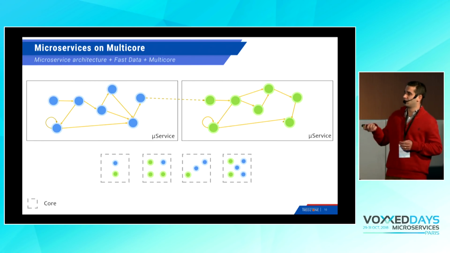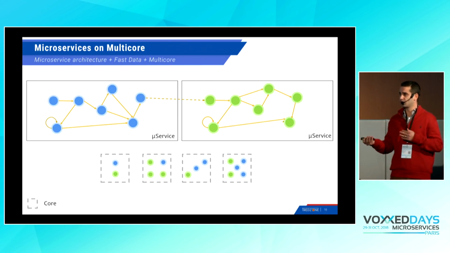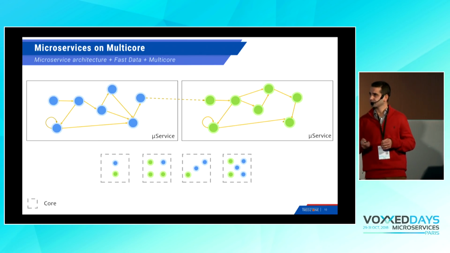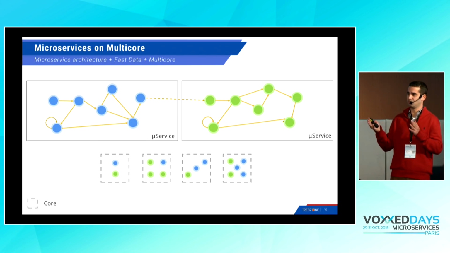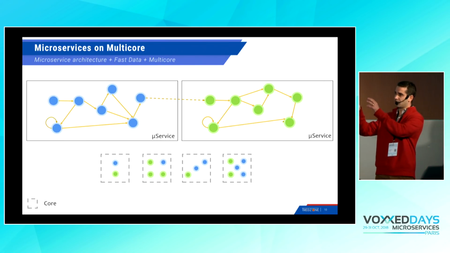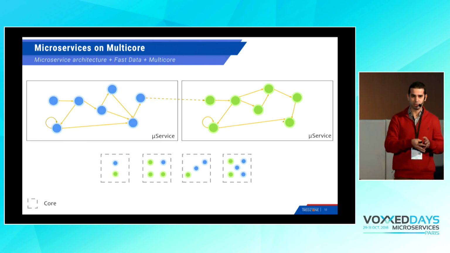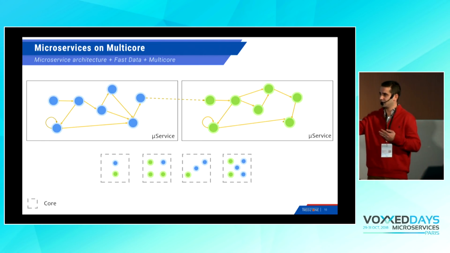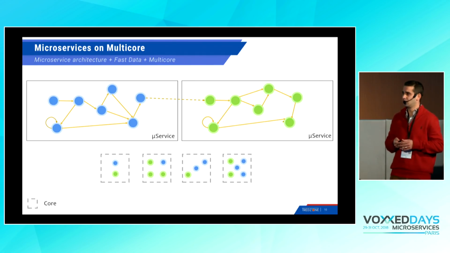So if we have more microservices on multicore architecture, we can have something like this. We have two microservices in this example, where we have the possibility to have several actors sharing the same CPU resource, same core. It's very challenging actually to have a deterministic performance when we have several actors sharing the same core.